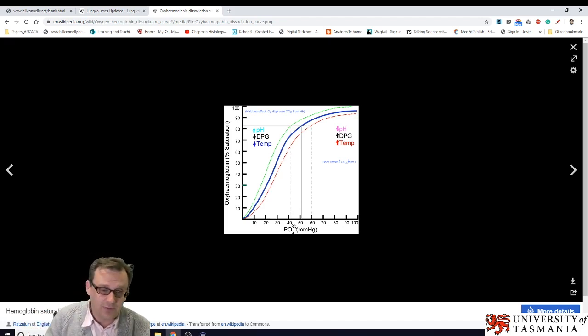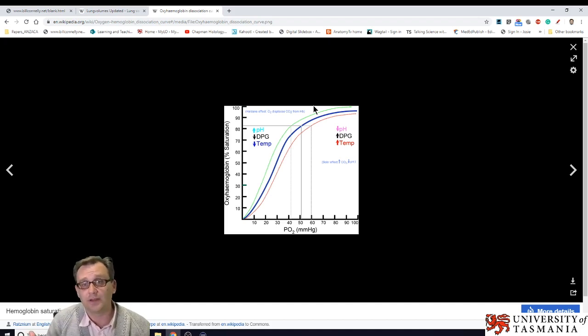And so as the oxygen concentration in the tissues decreases, to around 50% of what it would be in the lungs, or down around 40% of what it would be in the lungs, then you start to see the hemoglobin molecules really starting to release their oxygen, which is exactly what you want them to do, right?